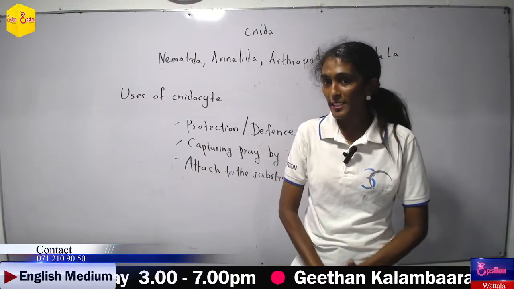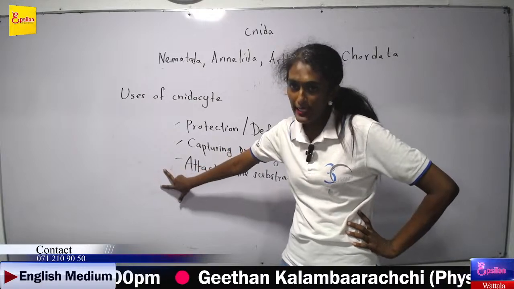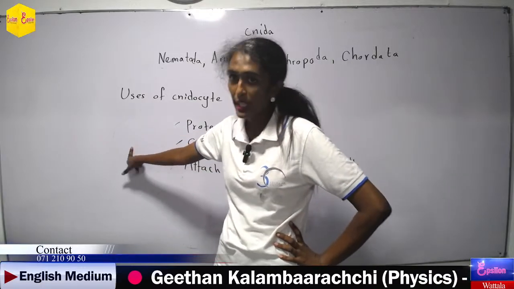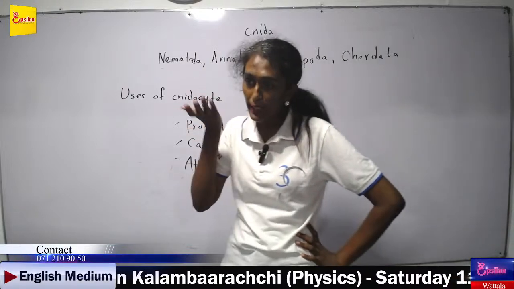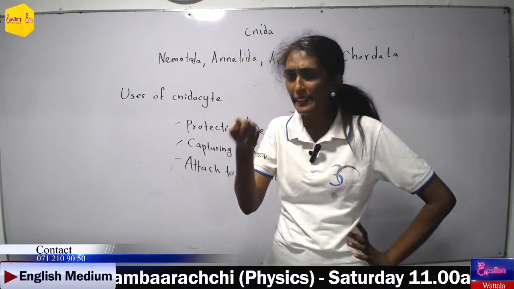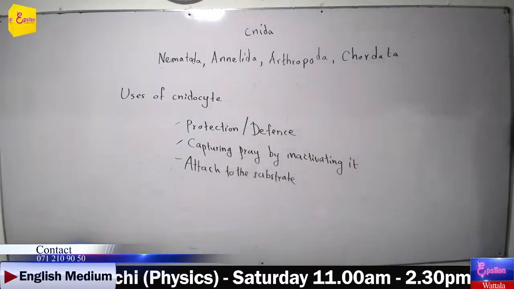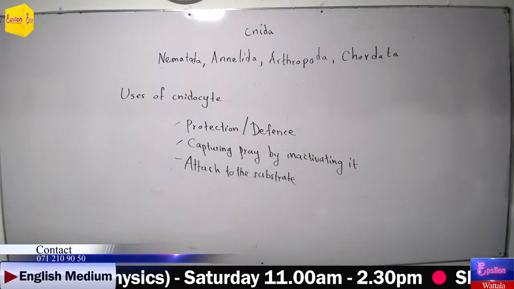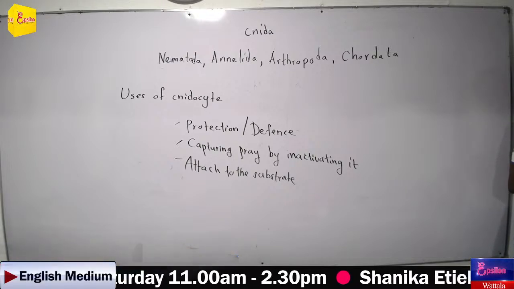Then the mouth is present in the ventral side of the jellyfish, and the mouth is present in the what do we call it? Upper side. Look, there's a fish picture I have given. Do you have it? Did you see that picture? What is it called then?